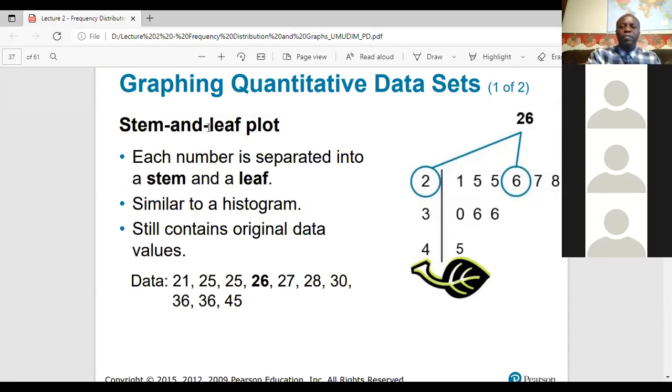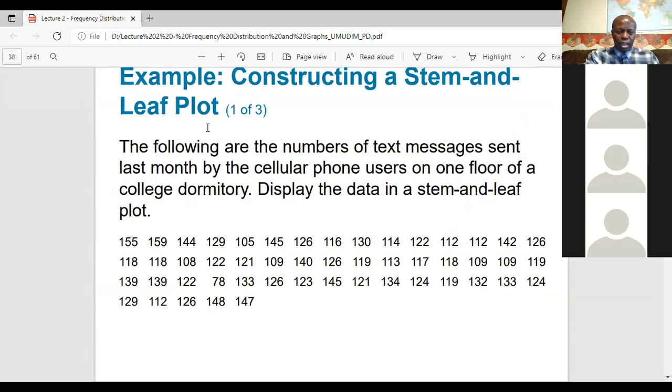It's like a histogram, but a histogram draws summarized statistics, while a stem and leaf plot returns the actual data values.